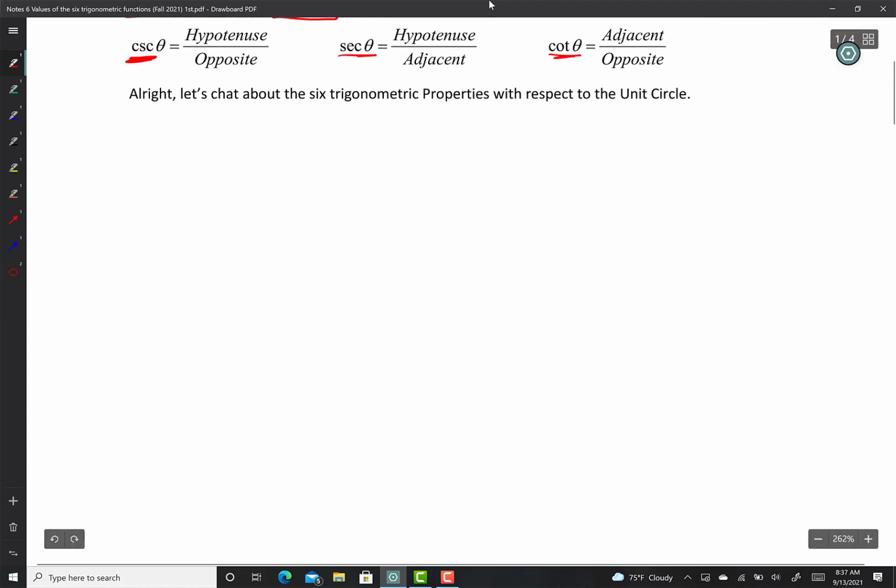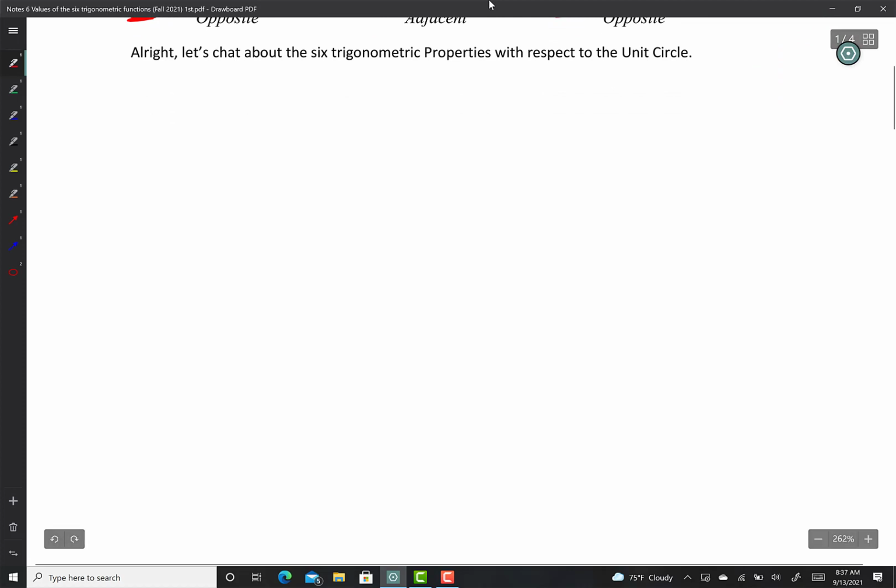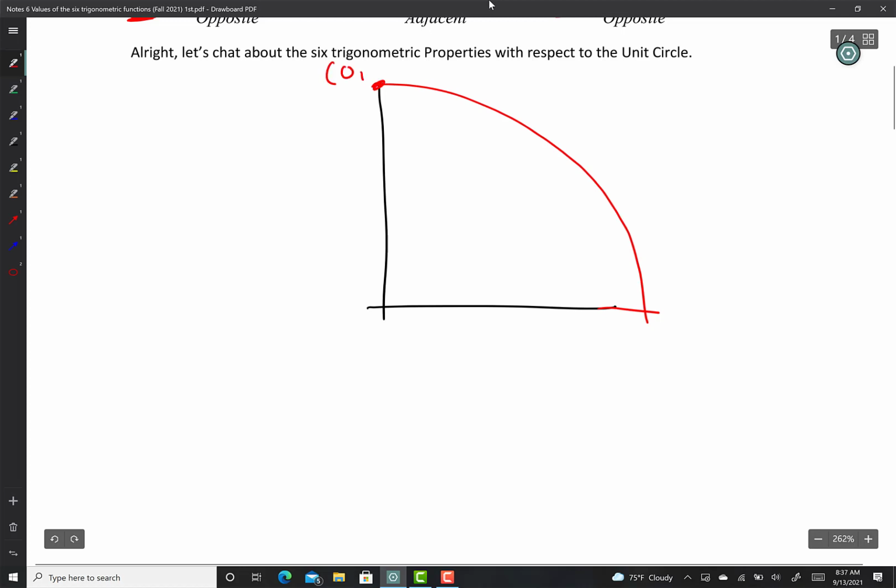Let's chat about the 6 trig properties with respect to the unit circle. All right, so let's emphasize quadrant 1. So here's quadrant 1. I'm just going to plot these coordinates, just these two.